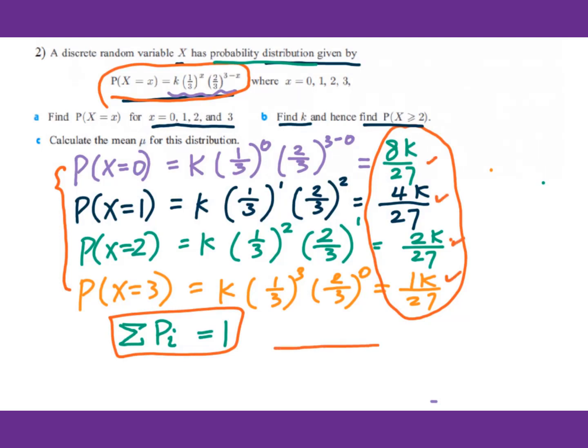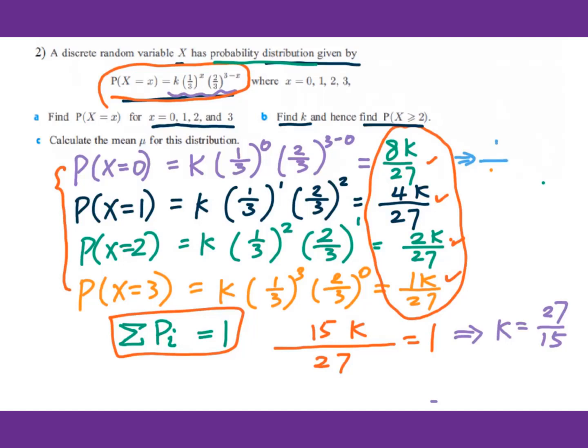You will get denominator is 27. Top, this is 12k, 14k, 15k equals 1. So you have k equals 27 over 15. Then we need to plug in here for the k equals 27 over 15.